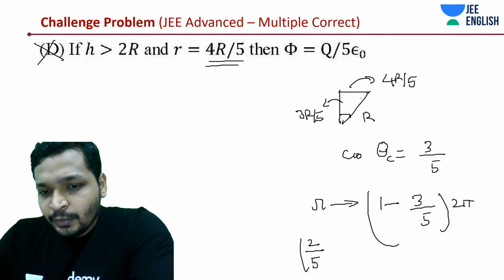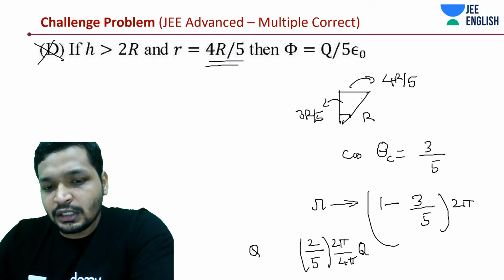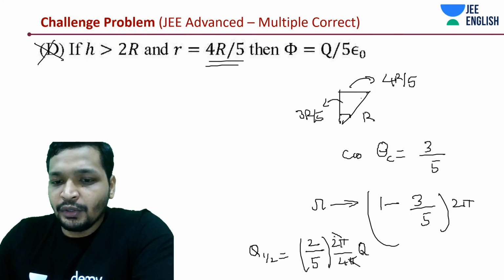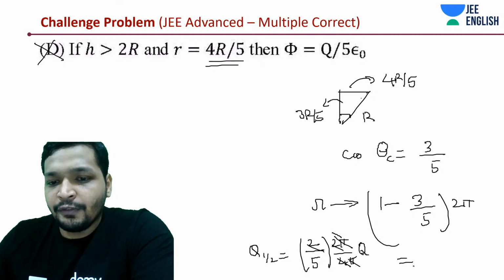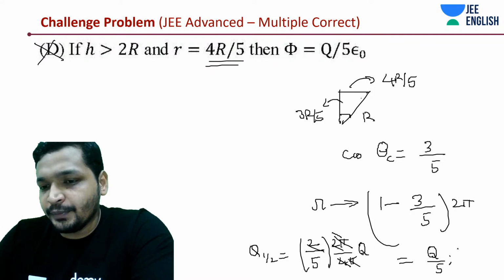So it's going to be 2 pi divided by 4 pi into Q, the charge, half charge content inside this, which is going to be Q by 5, and you would have to multiply this with twice.